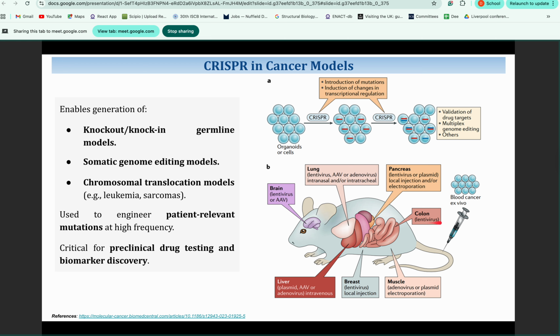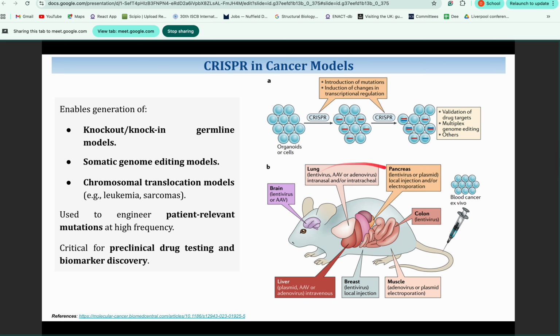For the colon, we can use lentivirus, and for blood cancer, we can do ex vivo microinjection. For the muscles, we can use adenovirus or plasmid electroporation. For breast, we can use lentivirus local injection. For the liver, we can use plasmid, AAV or adenovirus intravenously.